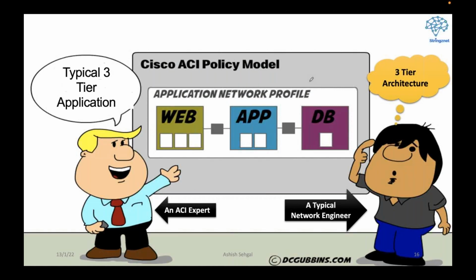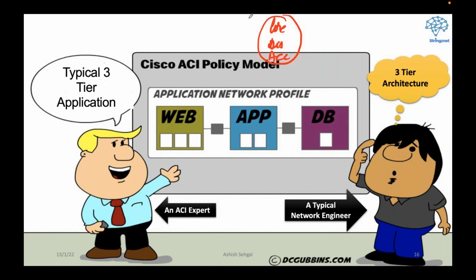If you are a typical network engineer, then now you have to move out of the typical three-tier architecture of core, distribution, and access model.